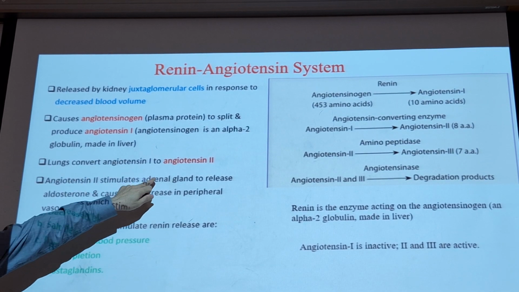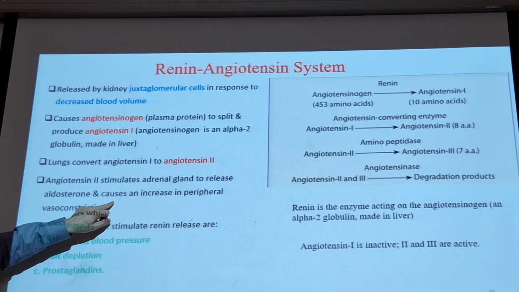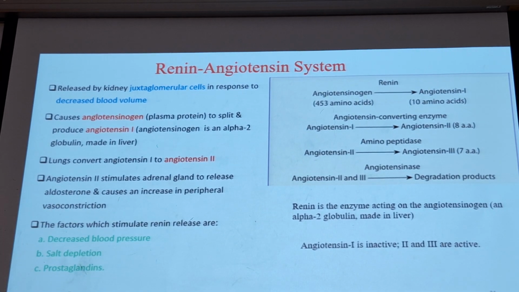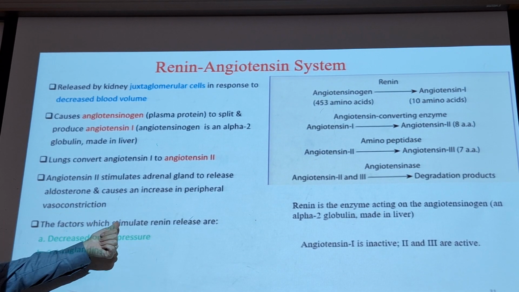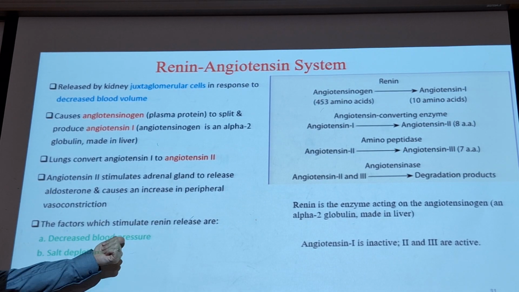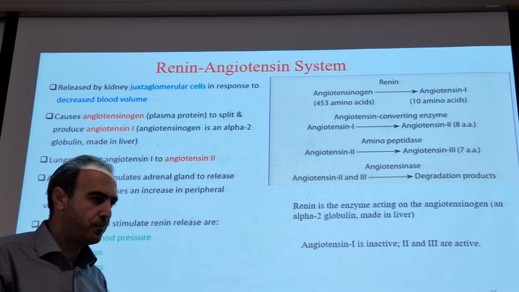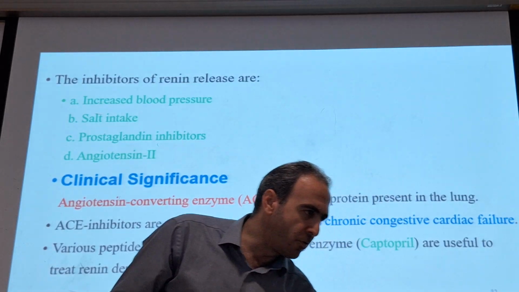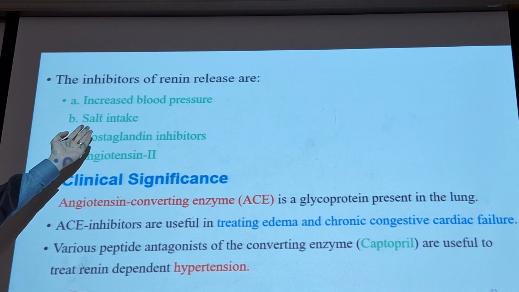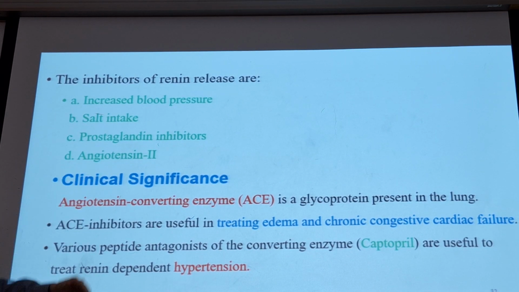Angiotensin 2 stimulates the adrenal gland to release aldosterone and causes an increase in peripheral vasoconstriction. The factors which stimulate renin release from the kidney are decreased blood pressure, salt depletion, and prostaglandin. The main factors for renin inhibition are increased blood pressure, salt intake, prostaglandin inhibitors, and angiotensin 2.